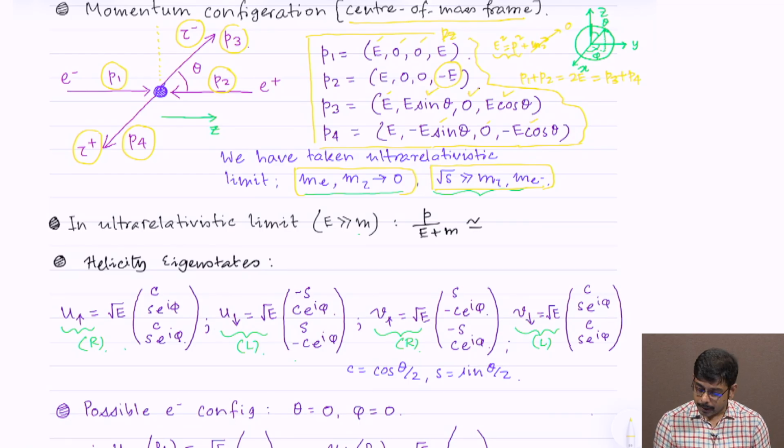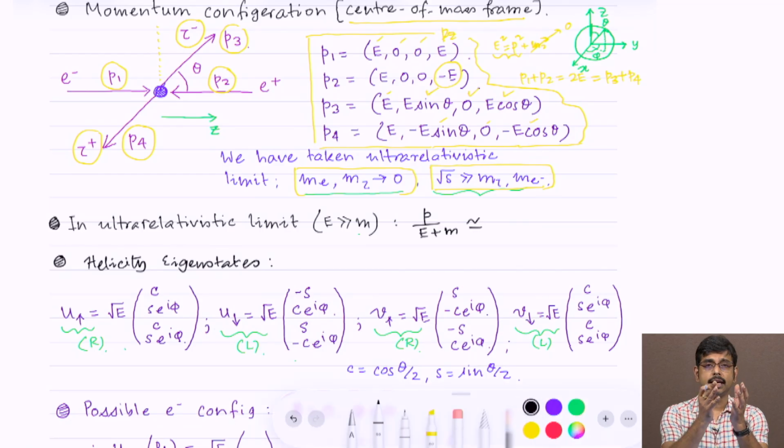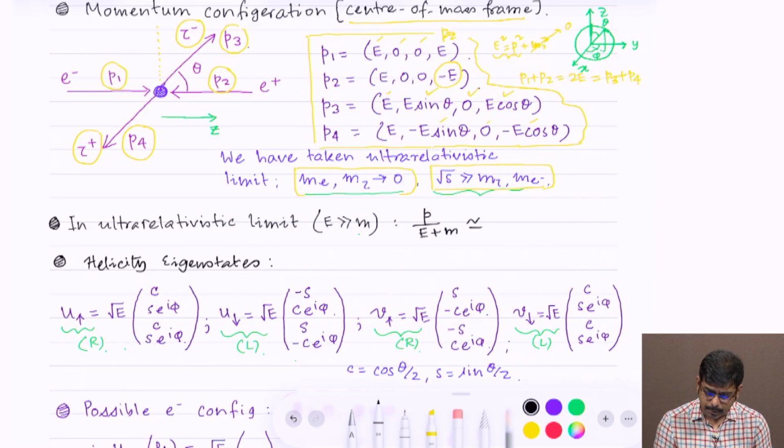Now, we also remember that if we want to write the explicit bispinor structures, those will actually have a factor of p by E plus m, right. If you remember how we found the helicity eigenstates of these u and v spinors, which are the solutions of the Dirac equation, they had something like cos theta by 2, sin theta by 2 e to the power i phi, etc., with a factor of p by E plus m.